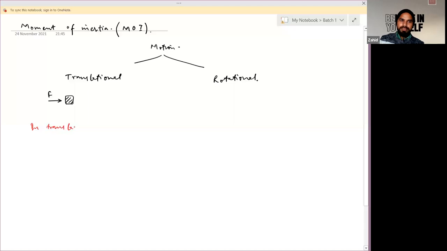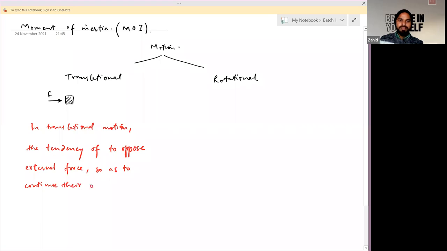So in translational motion, the tendency of body to oppose external force so as to continue their own state is called inertia.